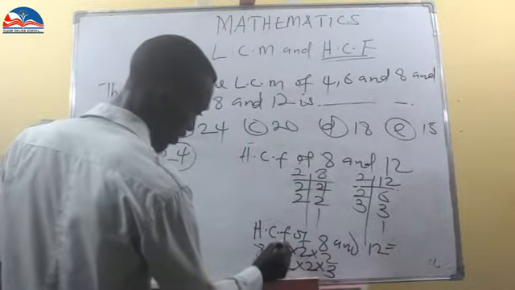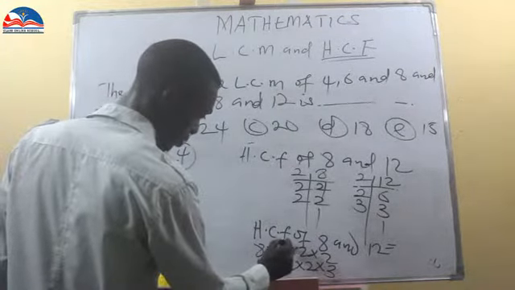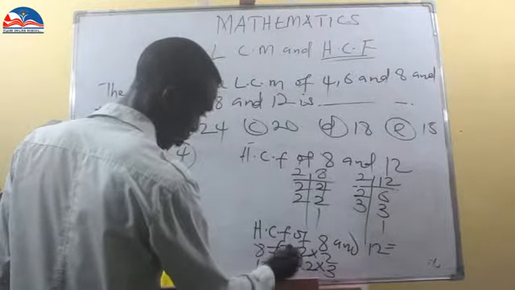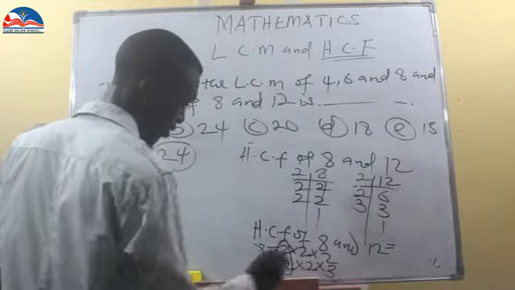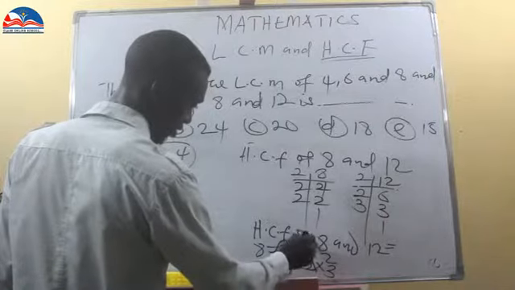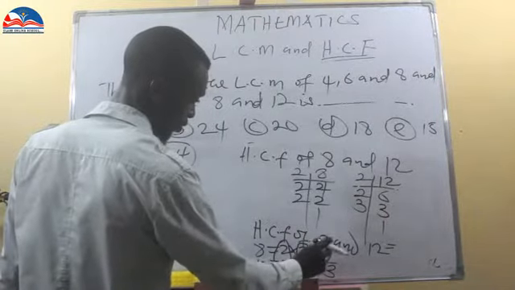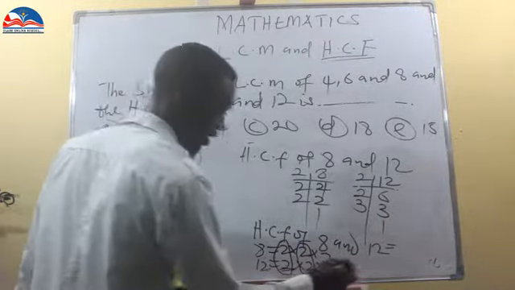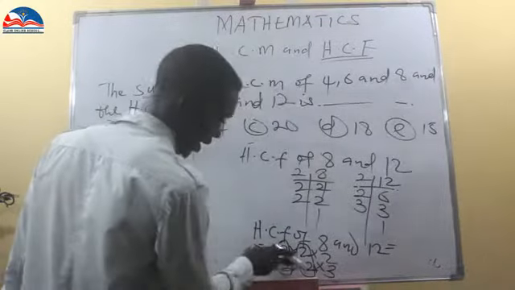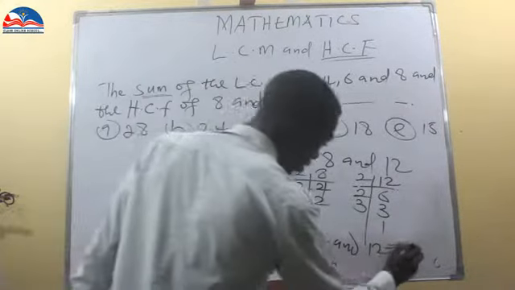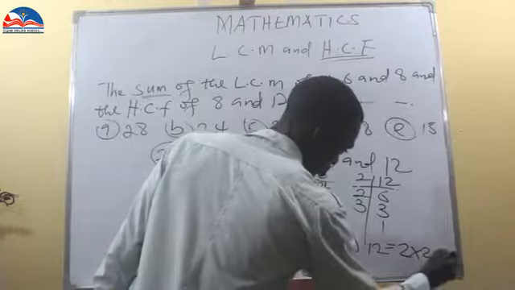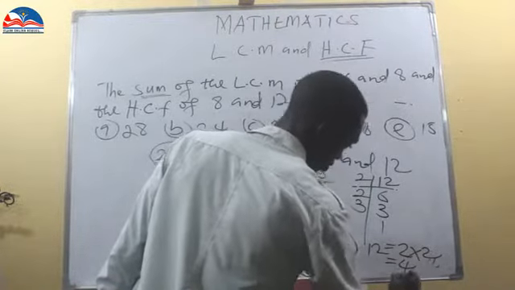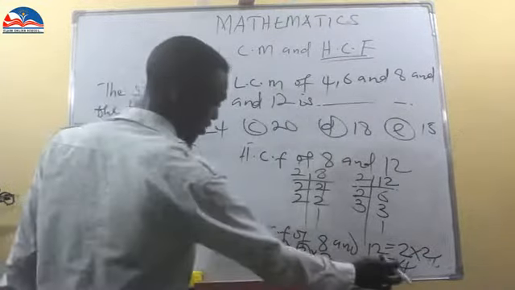To pick the HCF, the common numbers, circle them as I taught you. The other 2 and 3 are not common. So our HCF becomes 2 times 2, which is equal to 4.